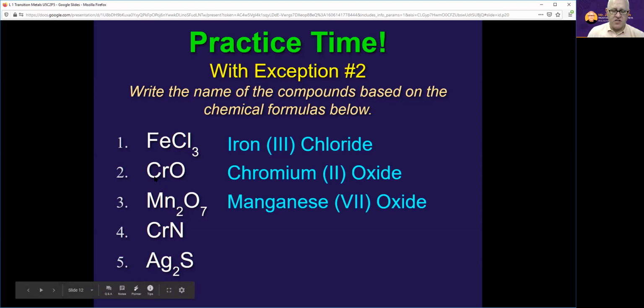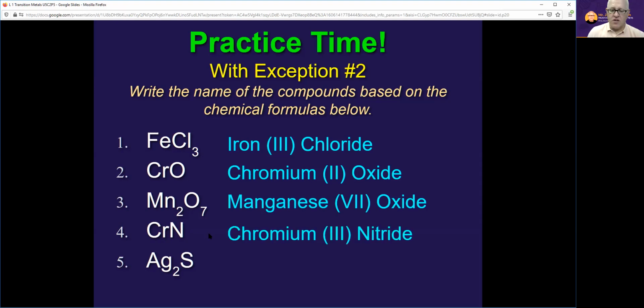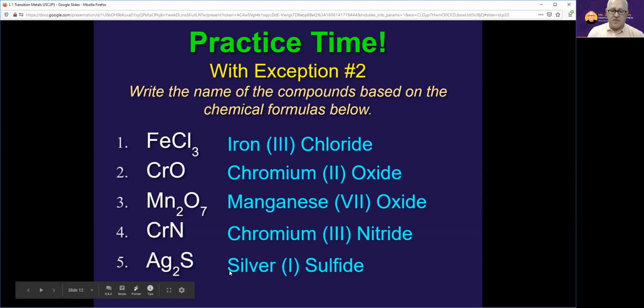CrN, that looks like it's chromium and nitrogen. So this would be chromium 3 nitride because nitrogen needed 3 electrons. Ag2S, that was going to be silver 1 sulfide because sulfur only needed 1.